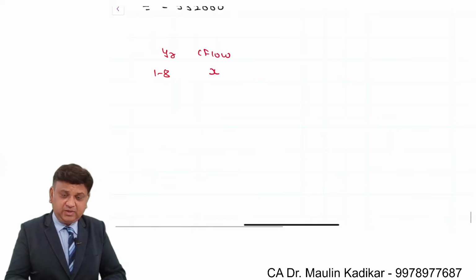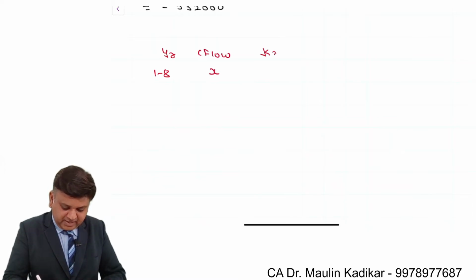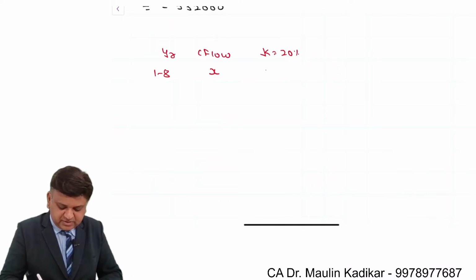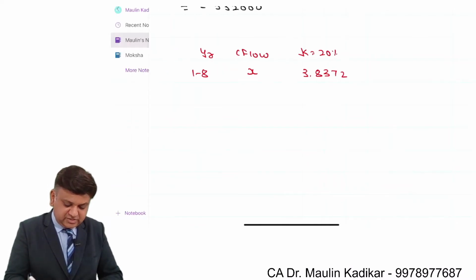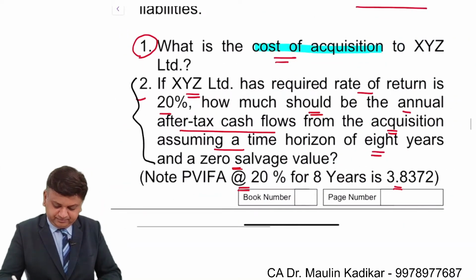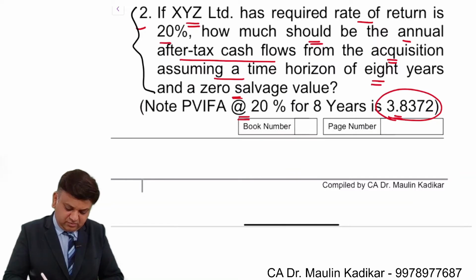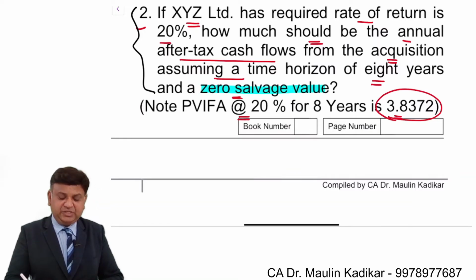Let us assign X variable to it. It is discounted at the rate of 20%. 20%, 8 years factor summation is 3.8372, which they have provided to us as an example. The last year cash inflow is 0. In a way, that's the terminal value of the machinery is 0.